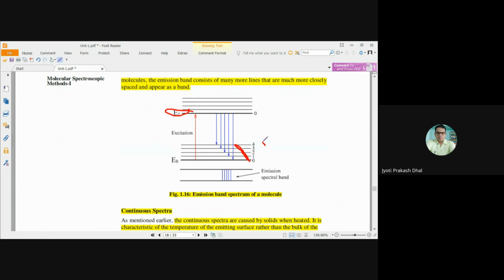They can come back from the excited to the ground electronic state and the first vibrational energy level, similarly for the second, third, fourth. So a series of lines will come. That's why it is called band spectra.